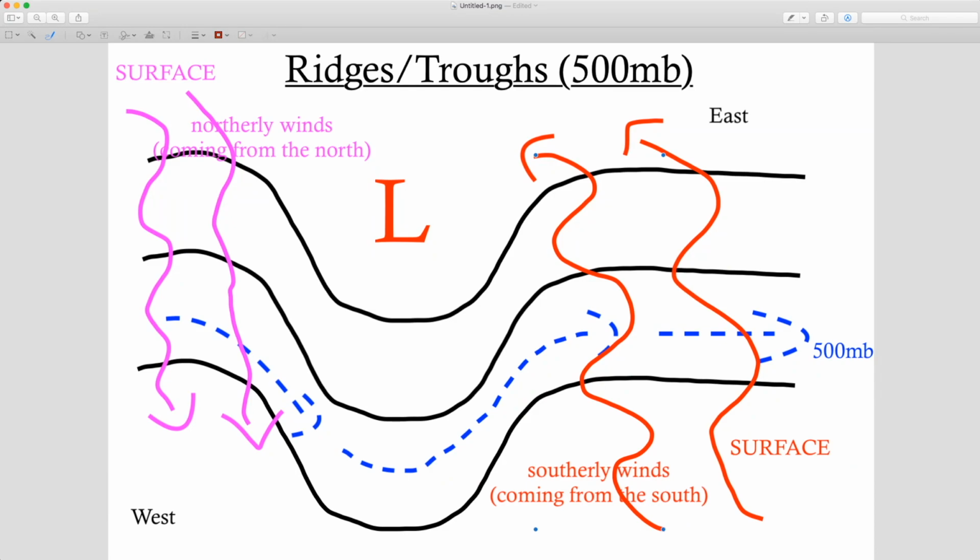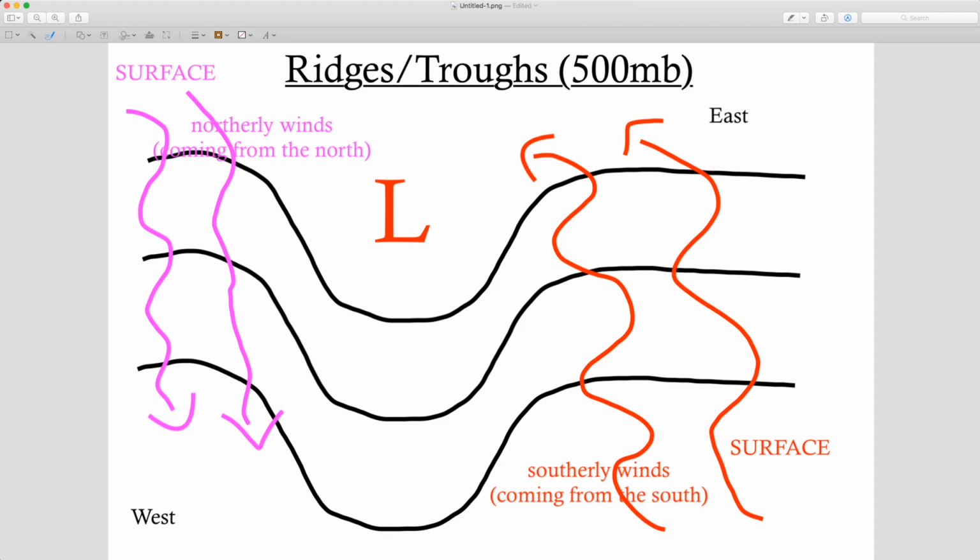Okay, let's go back to this example here. I was going to talk about ridges and troughs, so now we're going to talk about ridges and troughs. I'm going to erase this 500 millibar flow here. Okay, so we kind of alluded to what a trough was.